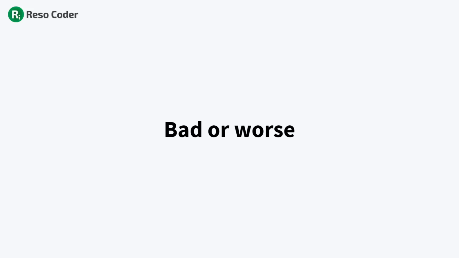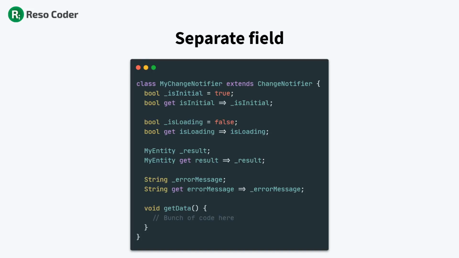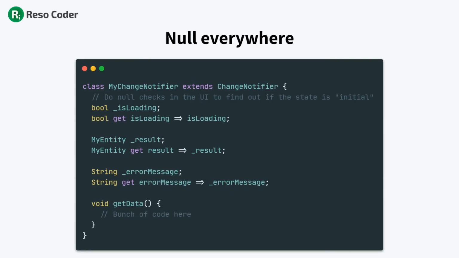Because the question is, will you create a separate isInitial field, something like this, and then you are going to check this isInitial field's value from your UI, and then you are going to show some initial user interface widgets? Or instead of doing that, you are just going to set every field to null.